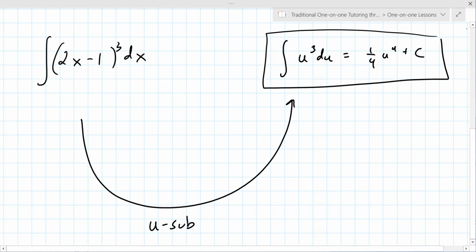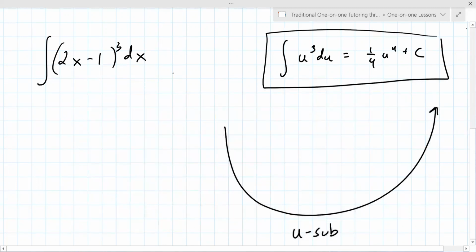Okay, so the way we do that, the process here is you let u equal 2x minus 1. So instead of 2x minus 1, it's going to be u cubed. But we also need to solve for dx. You get that from the derivative of this over here, which is 2 dx. The derivative of u is du. The derivative of 2x minus 1 is 2 dx.